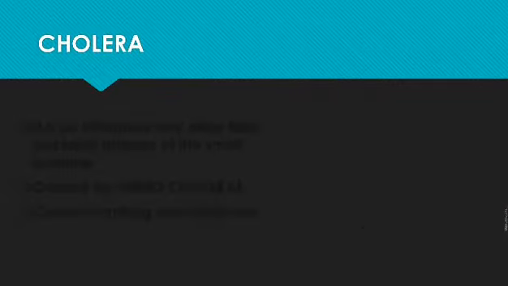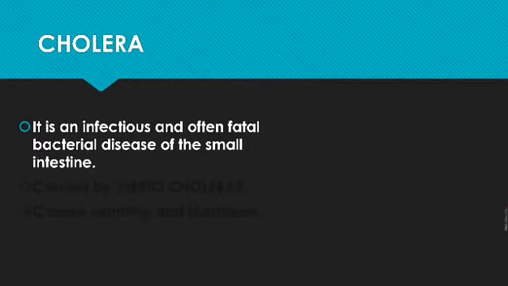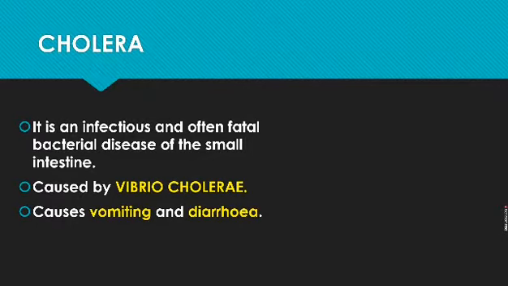Then the fourth disease is cholera, which is a very common disease which we know. It is an infectious and often fatal bacterial disease of the small intestine. And second, it is caused by Vibrio cholerae, and it causes vomiting and diarrhea.